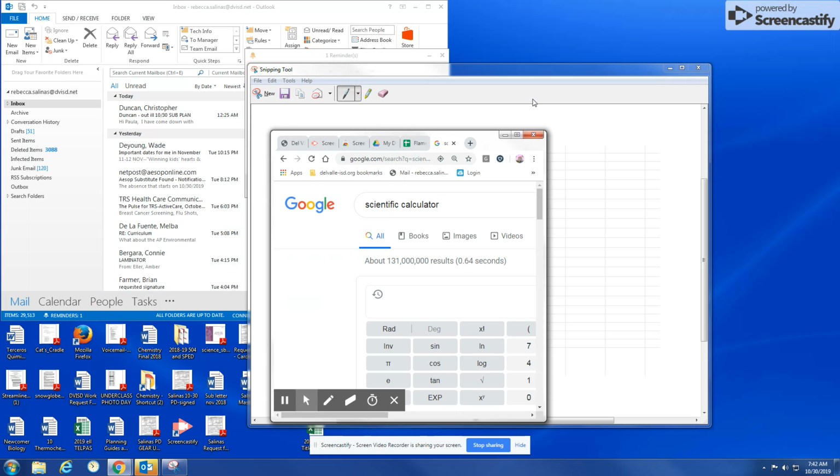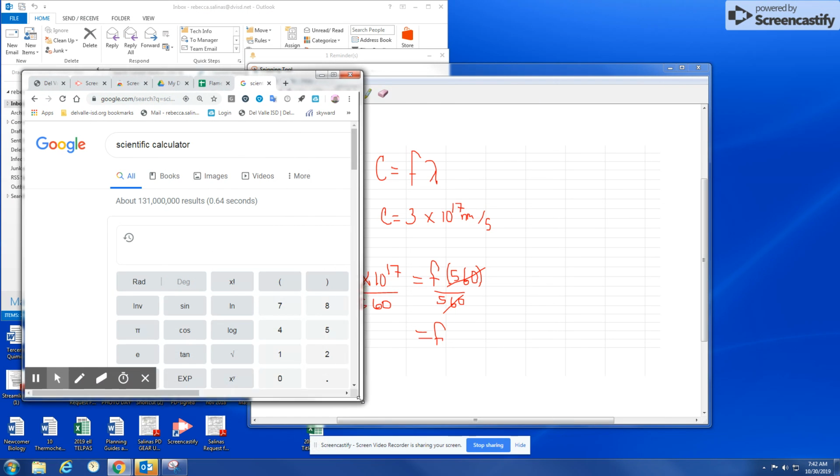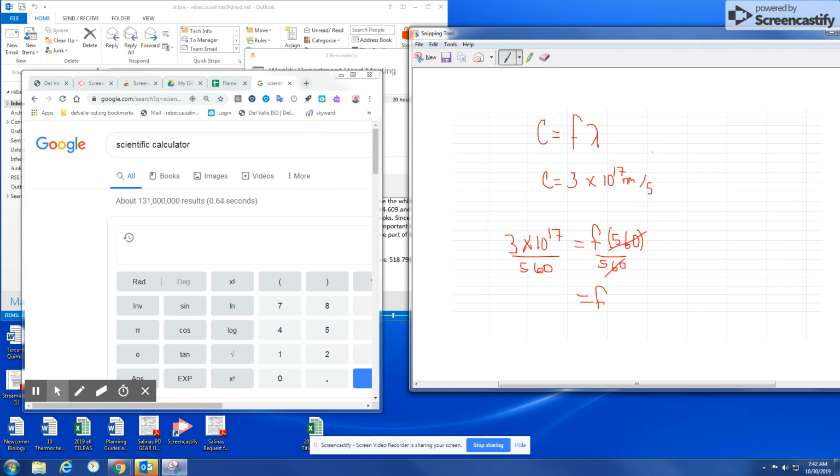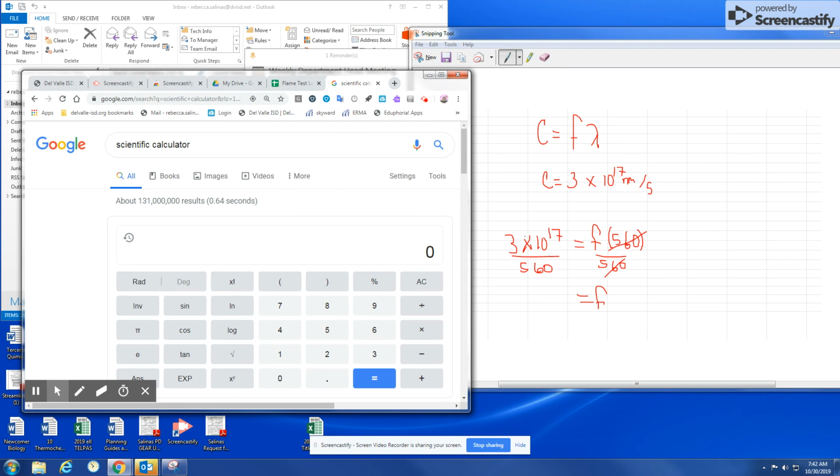Let me put this in. I just Googled scientific calculator, and it brings this one up that you can use. I recommend it. So 3 times 10 to the 17th. Remember, when we put in scientific notation on this Google one, EXP is how you get that capital E. And then I just need to put the 17.